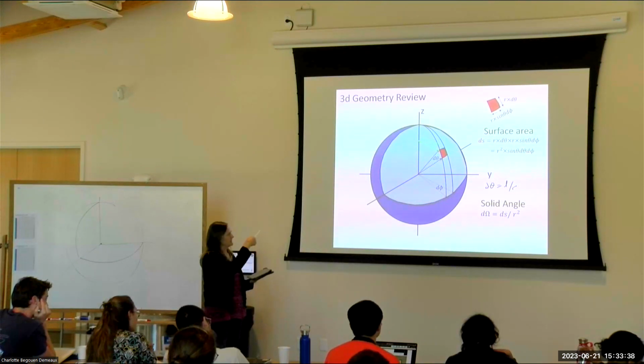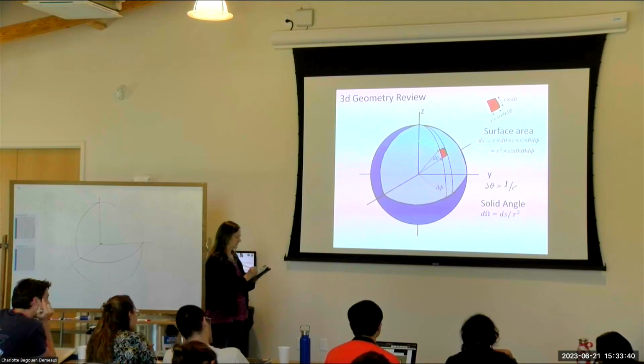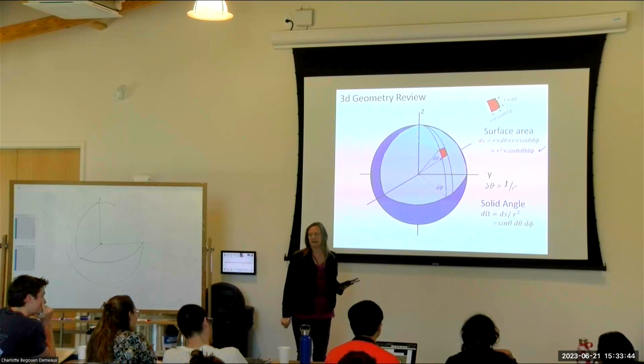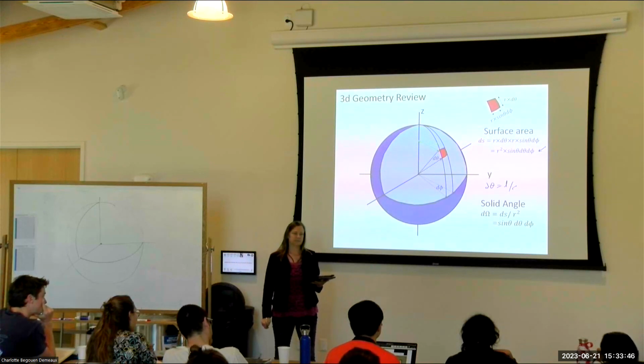We know what dS is because we just solved for it up here. And so the solid angle is sine theta d theta d phi.